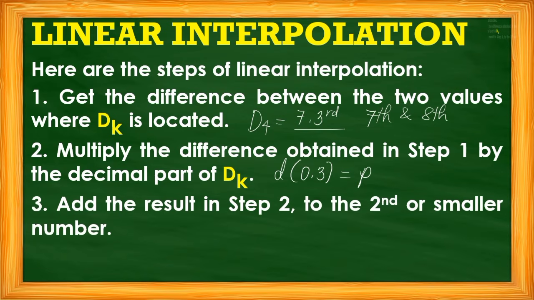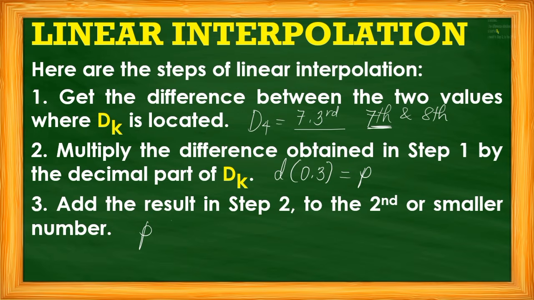Next, add the result in step 2 to the second or smaller number. The result we got, which stands for p, we add to the 7th data, since this is the smaller number.